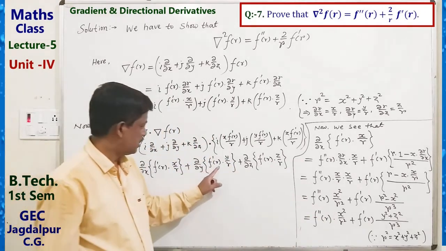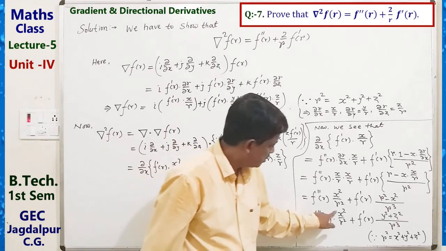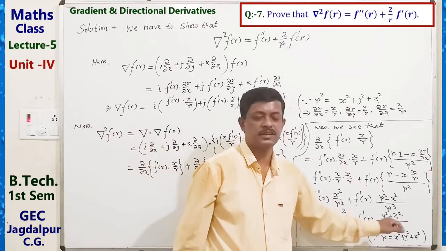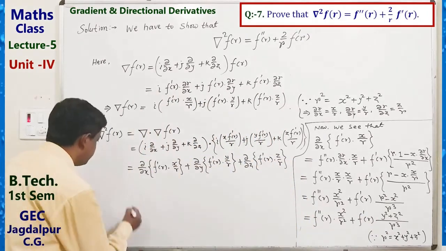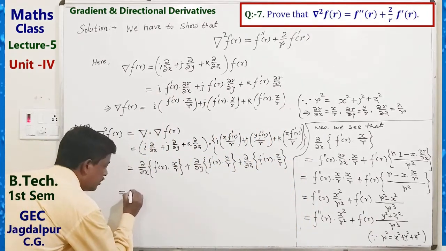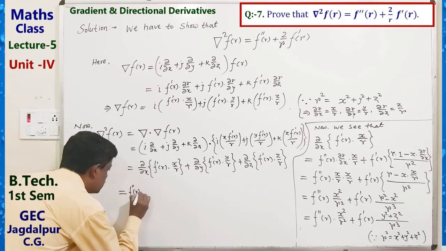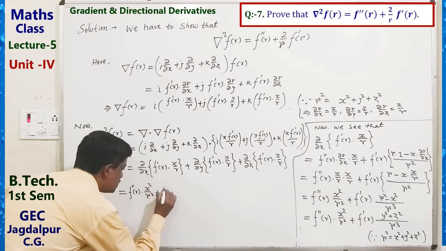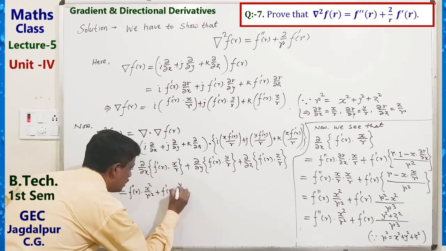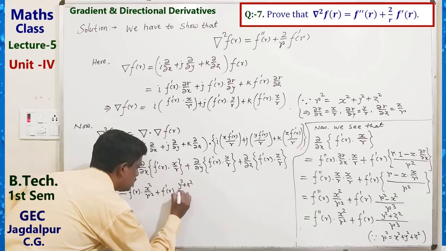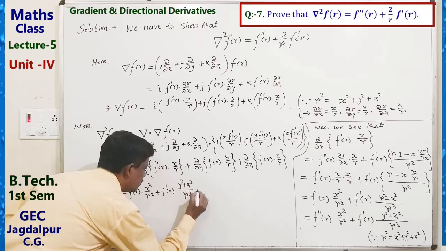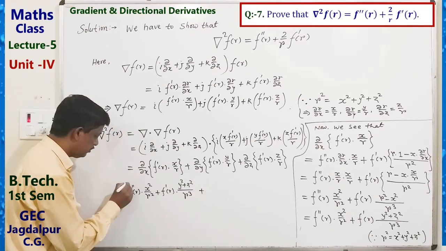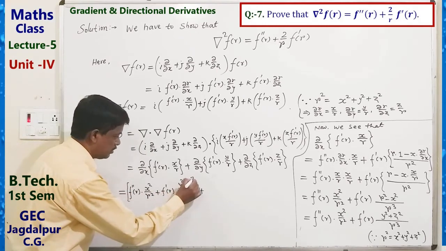The same goes for the second part: here y, here z and x; then here z, here x and y. So similarly we write f double dash r x square by r square plus f dash r (y square plus z square) upon r cube. This is the first part.